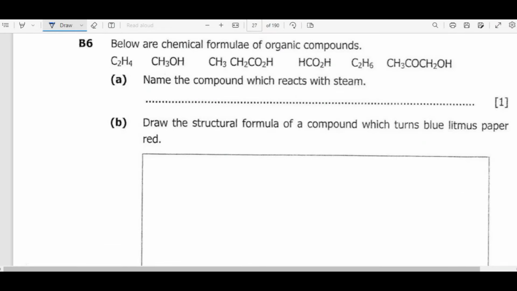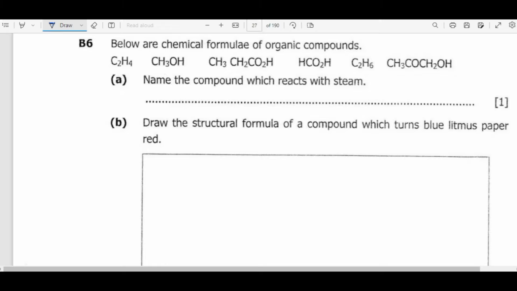question 6. Below are chemical formulae of organic compounds: C2H4, CH3OH, CH3CH2COOH, HCOOH, C2H6, CH3COCH2OH. So these are organic compounds.